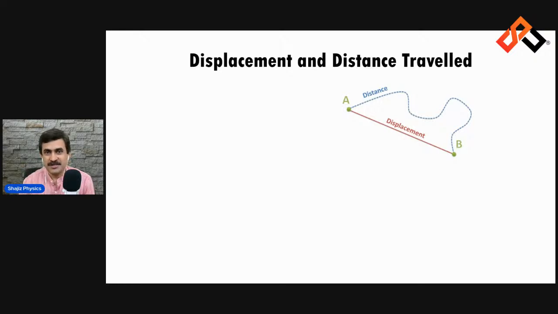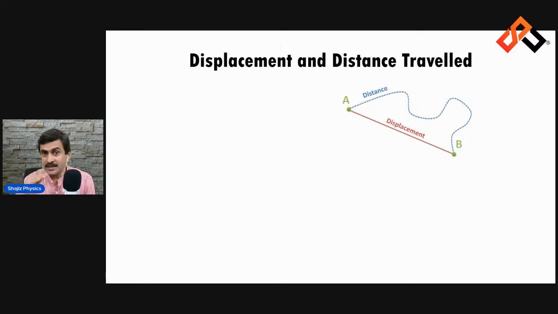It simply depends on the starting point and the destination, A and B. You draw a straight line connecting them, and it will give you the displacement.